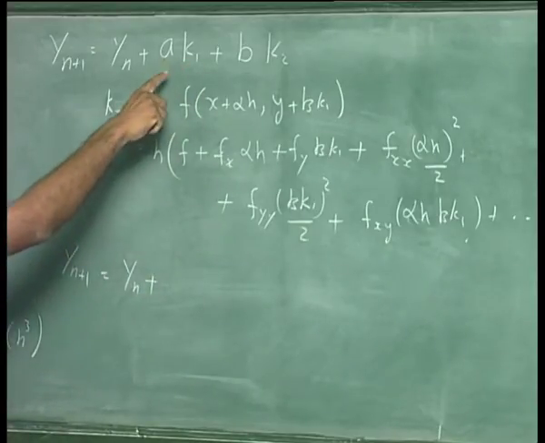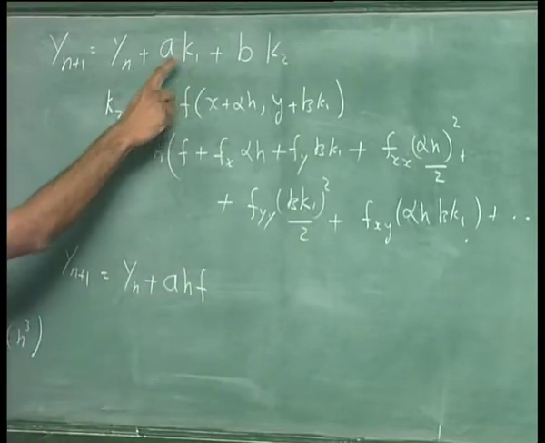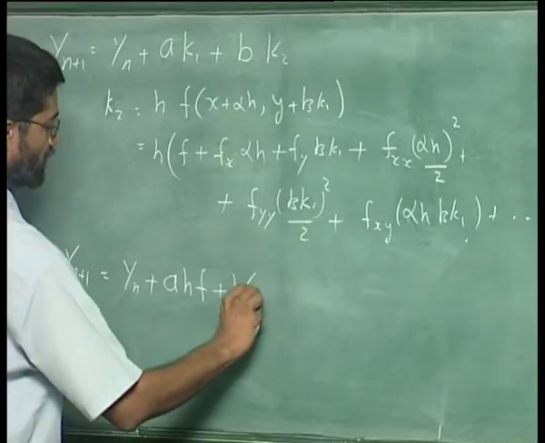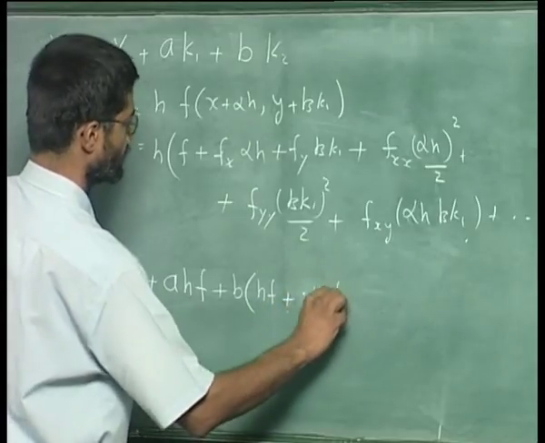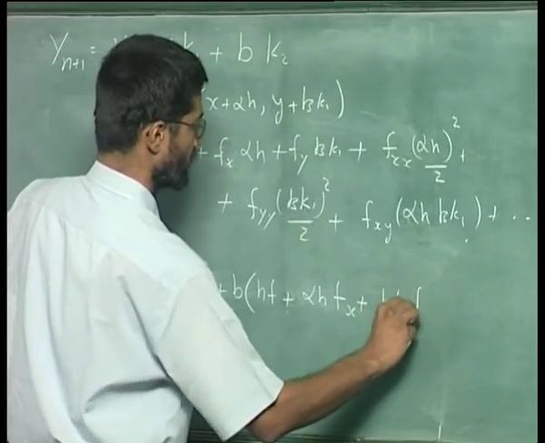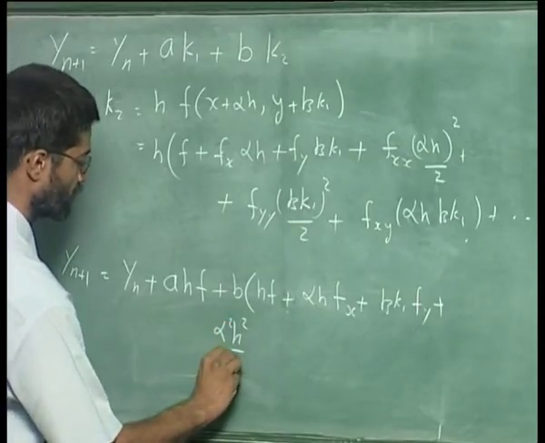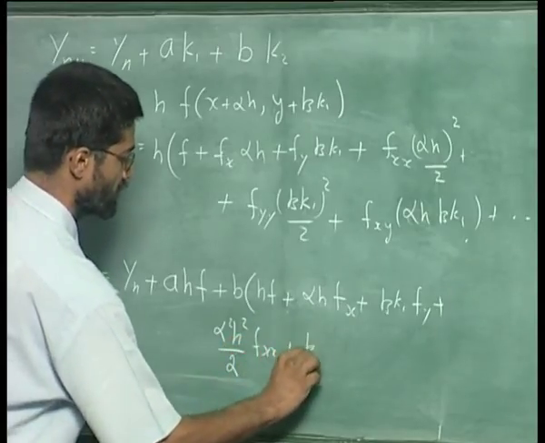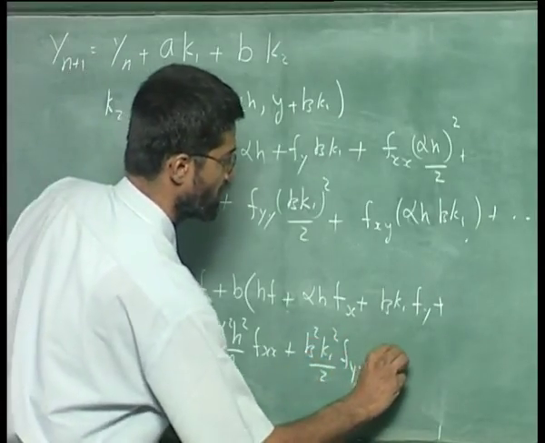So remember k1 was just h times f, so I have a h f because k1 is h times f, and plus b times k2, now k2 is this, so b times h f plus alpha h into fx plus alpha plus beta k1 into fy plus alpha square h squared by 2 times fxx plus beta squared k1 squared by 2 times fyy plus alpha beta.